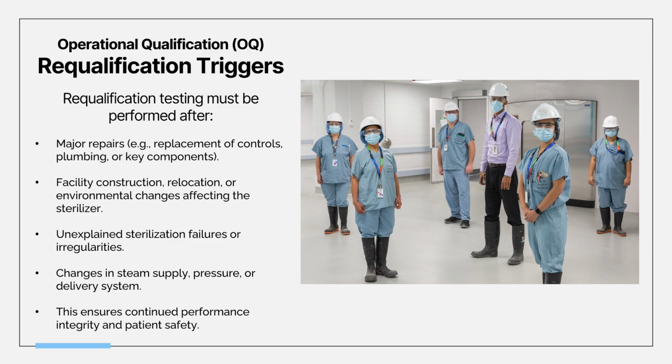So let's say you got a printout that said it was successful, but when you take a proper look at the exposure time or the pressure, and they don't meet standards, then that means there's an issue with the sterilizer and they have to repeat the whole process again. So these steps prevent using a faulty sterilizer that might compromise sterility.